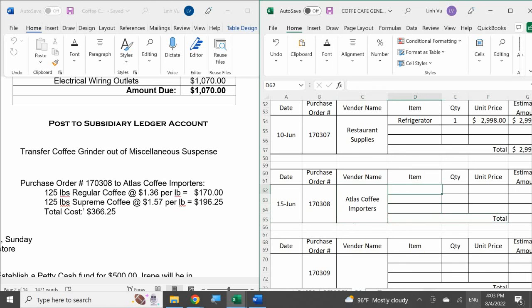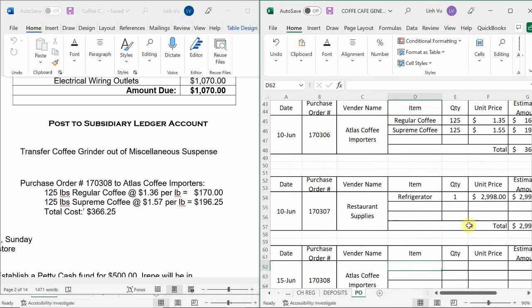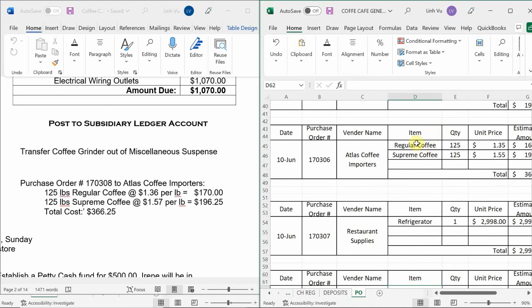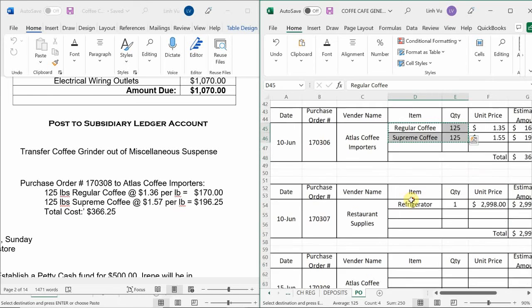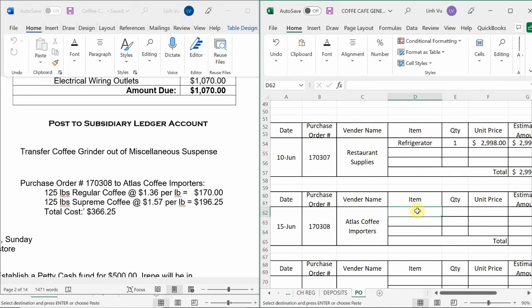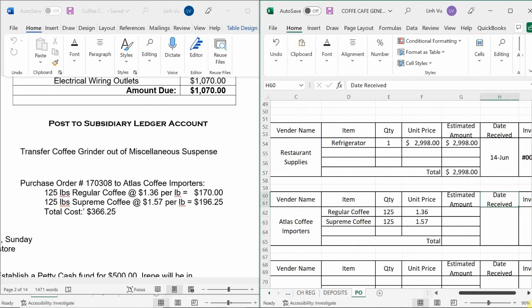We have regular coffee and supreme coffee. Quantities 125. Okay, 136 for the first one, 157. The estimated amounts, of course, you can put your formula, but it'll be 170 and 196.25.